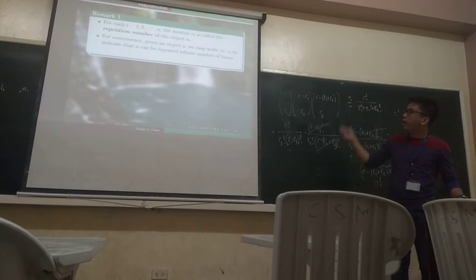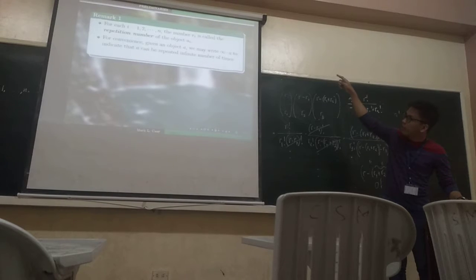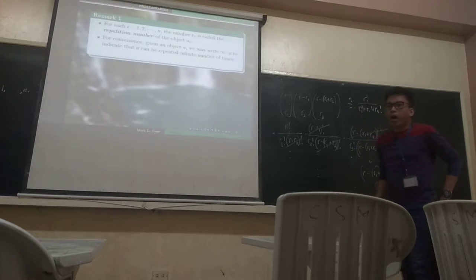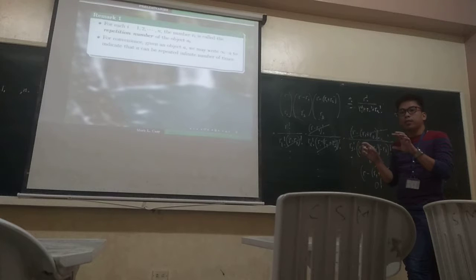For convenience, given an object a, we may write infinity times a to indicate that a can be repeated an infinite number of times. The n is an integer, so that means we're talking about this as finite.